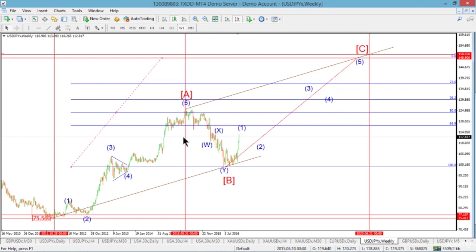In terms of the time that it would probably take for this wave to unfold, let's see what the wave principle might say to us about that. We can take a trend line, and just stretch it between the low of wave A and the high of wave A. The wave principle would say that wave C would travel the same distance in points, but it may well also suggest that wave C will take the same amount of time to unfold.